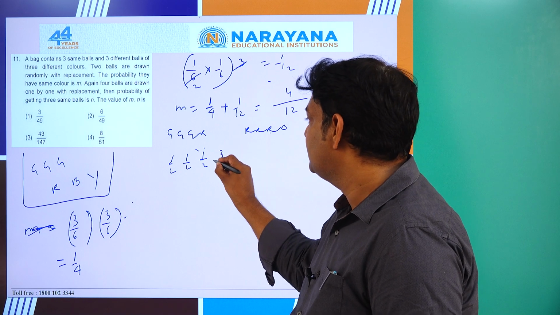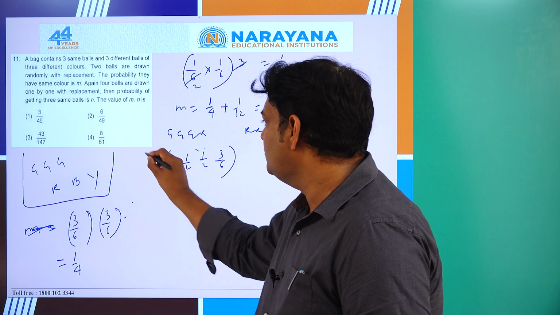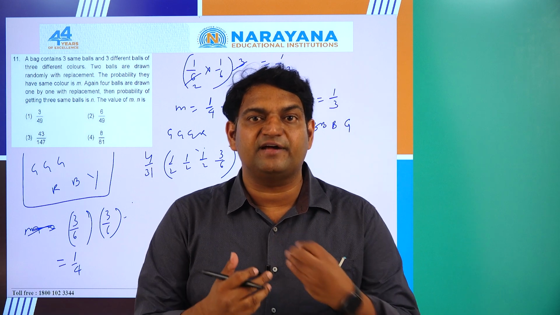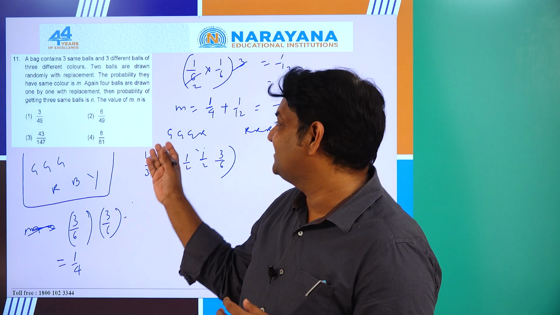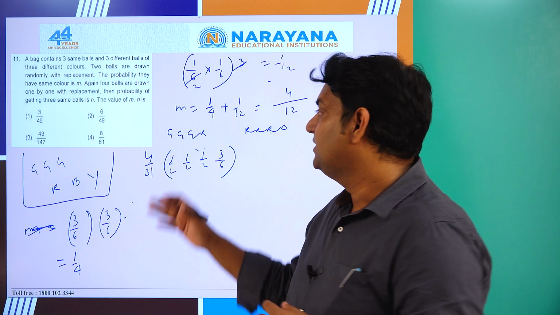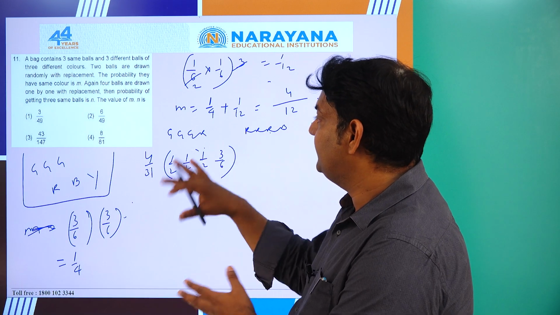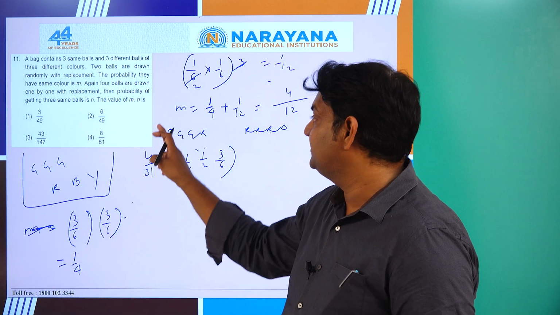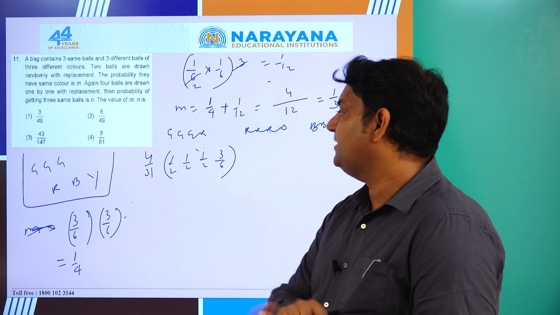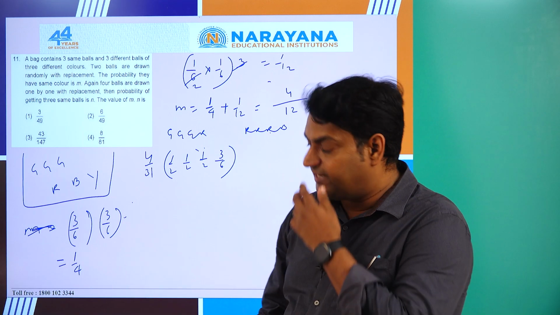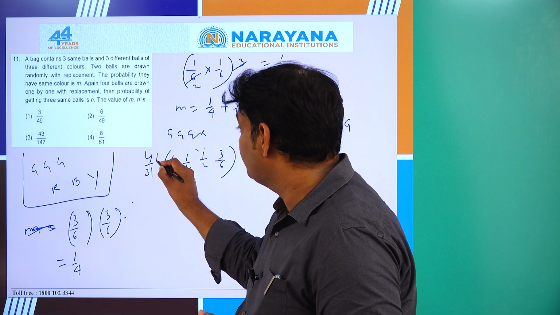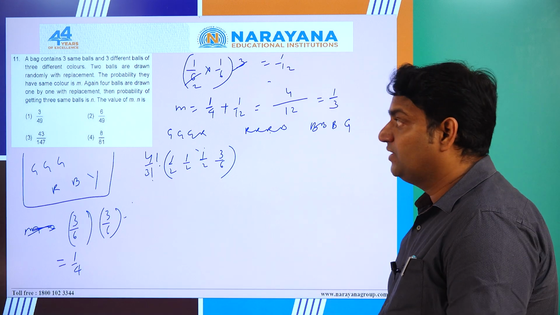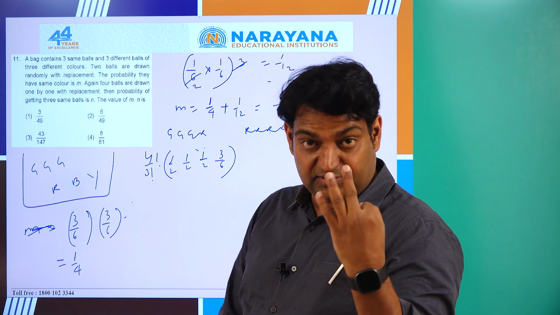That is 3 by 6 into 4 factorial by 3 factorial, because when you draw the balls one by one with replacement, it is not necessary that they come in this order only: green, green, green, red, or green, green, red, green, or red, green, green, green. So now we are arranging them, that is 4 factorial by 3 factorial. This is the case when an alike color ball came 3 times.